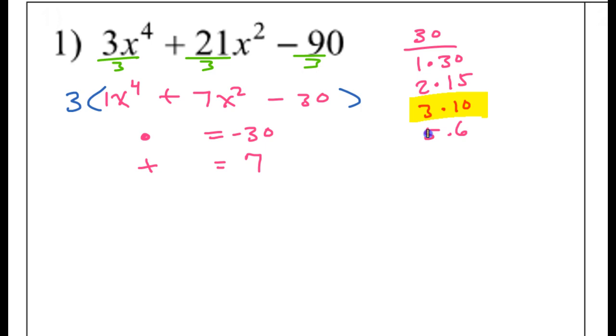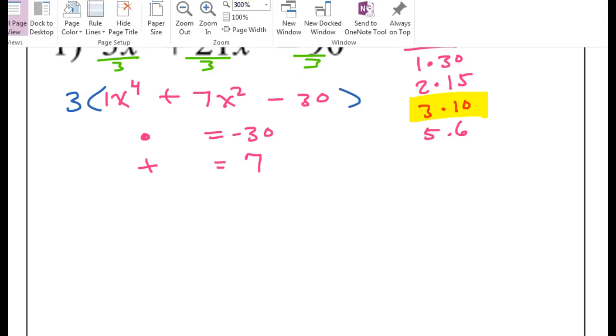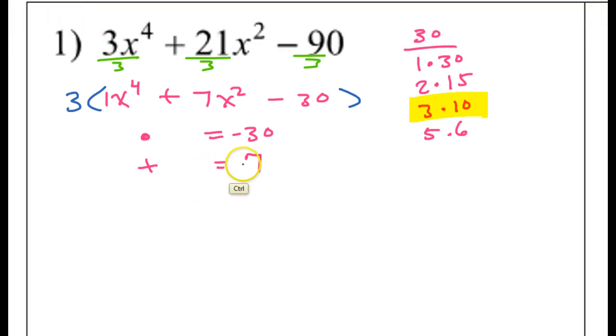How about this pair, 3 and 10? I want a positive 7. So look, if I have a negative 3 and a positive 10, that will make 7. So that means the product would have to be negative 3 times positive 10. And that indeed is negative 30. So we have found the two numbers that we need for the box method.